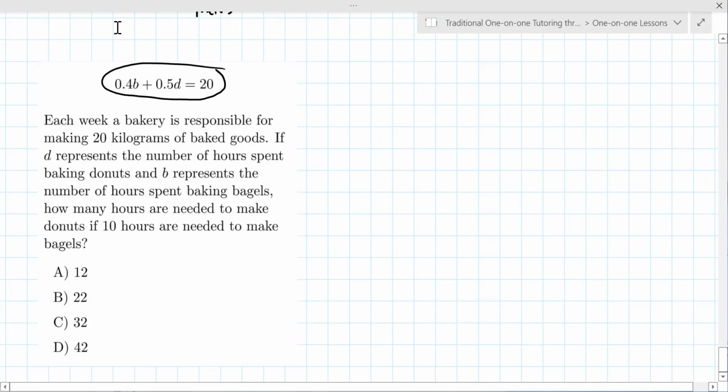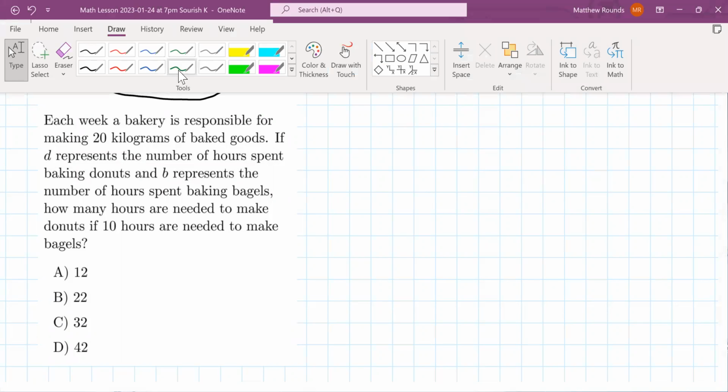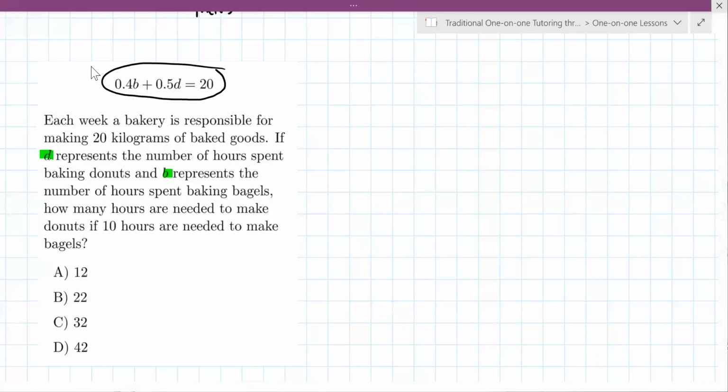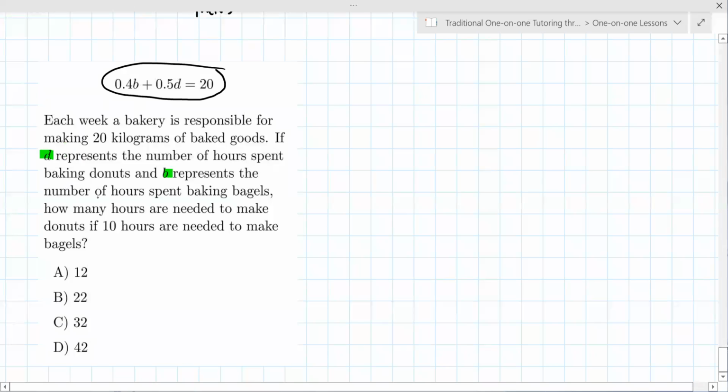What you have to decide, Sourish, is whether they are giving you the value of B or D. Read it one more time. Which value are they giving you?